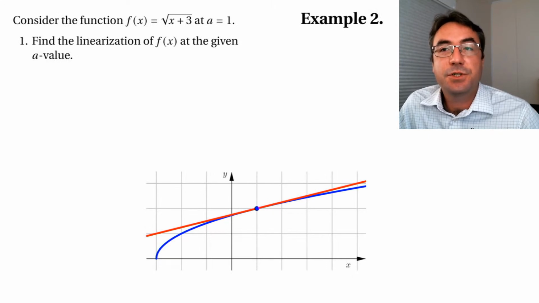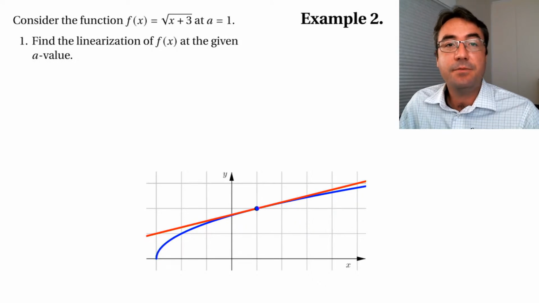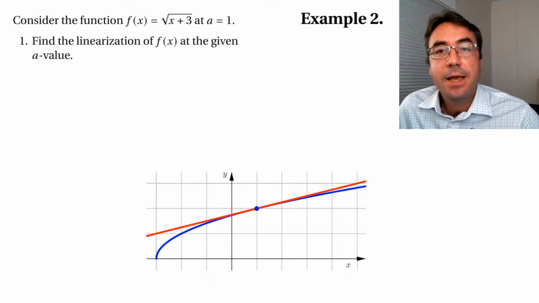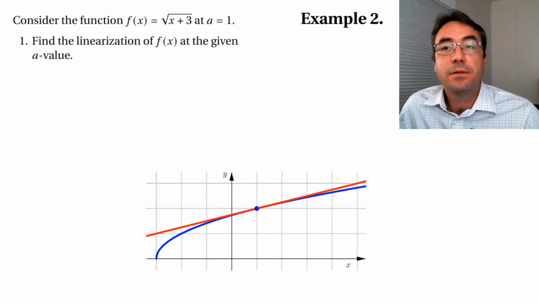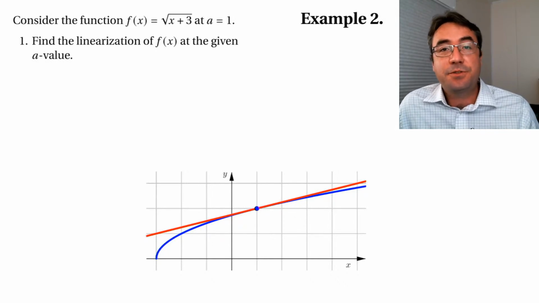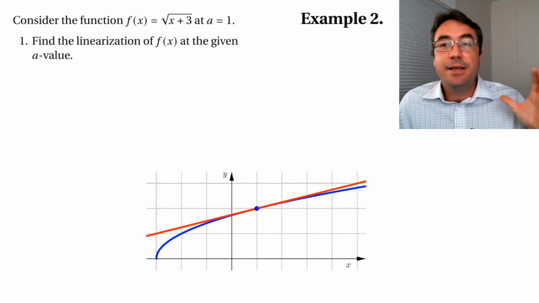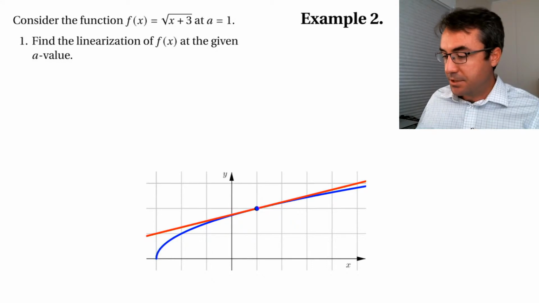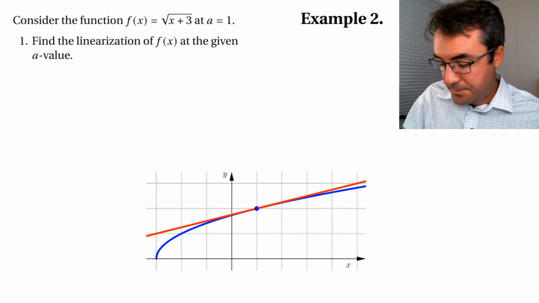We have the function square root x plus 3. We're interested in the point a equals 1. And what we're going to do is find the linearization of f of x at the given a value. Really what we want to do here is just find the equation of the tangent line in the form mx plus b. So let's go through the routine.